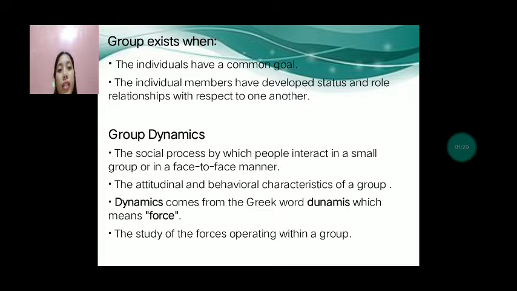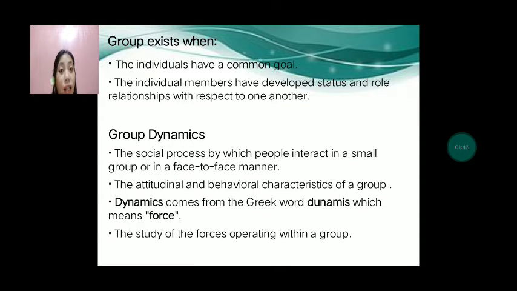We can call them a group if the members within it have a common goal, and the individual members have developed status and role relationships with respect to one another. So, in a group, there are relationships that are built.